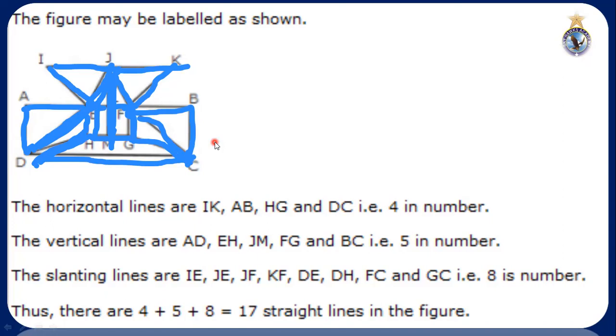You will have to go systematically. Here we are labeling all those lines which are horizontal. Then we are going back to count all those lines which are vertical. And then we are coming to the slanting lines, counting all those slanting lines which have been labeled with all the alphabets. In this way, nothing is missing.